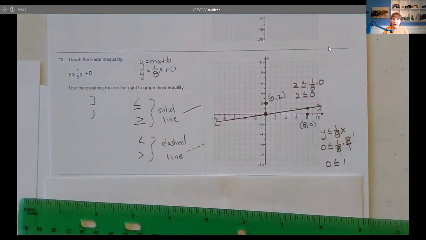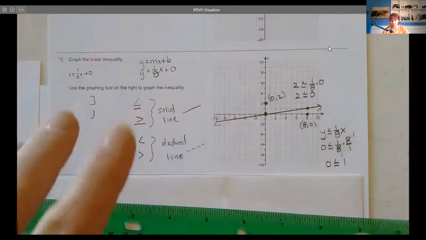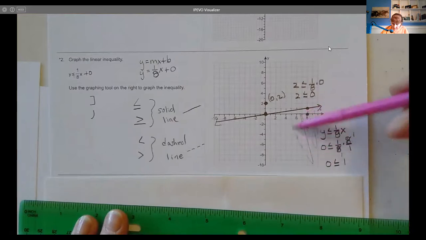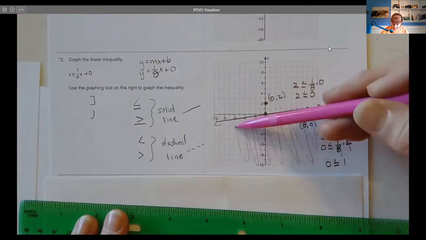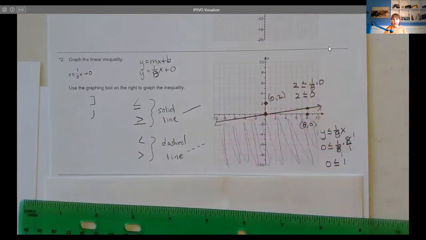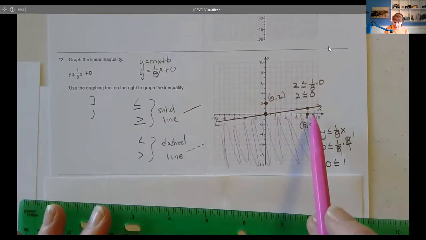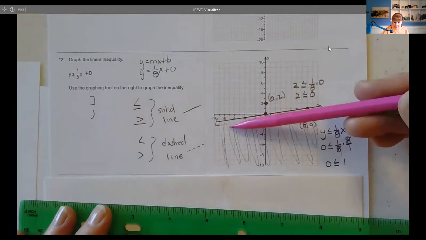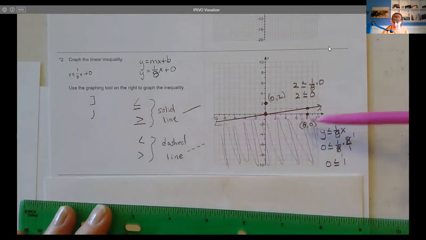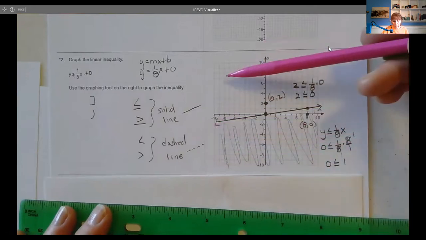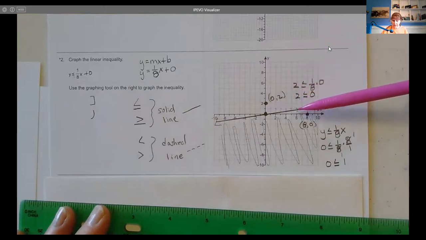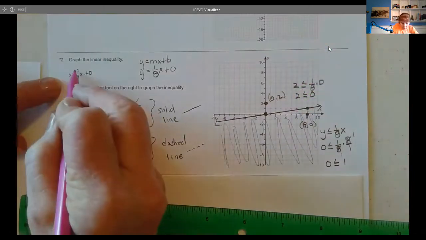No, it's not. That tells you where you can shade, and there's an easier way. I just wanted to show you why. Here, all of our solutions are below the line. Now, rather than putting in points to determine whether the solutions are below the line, including the line, or above the line, including the line, look right here.